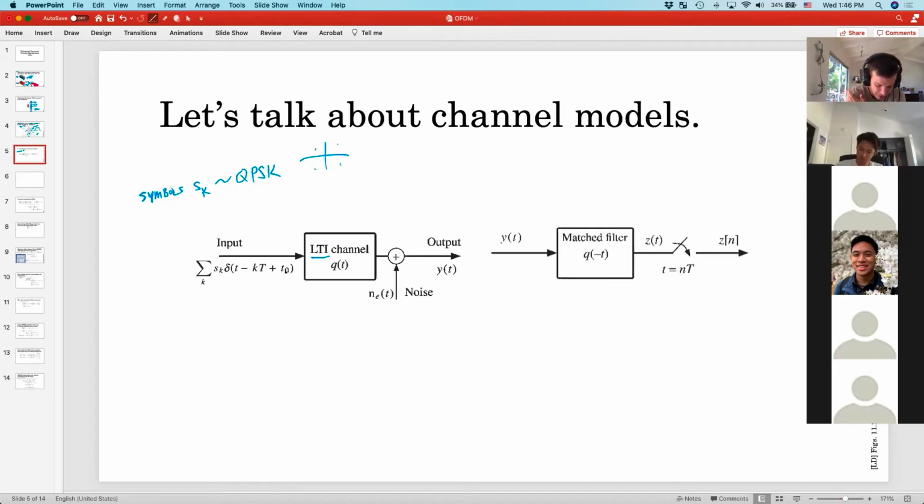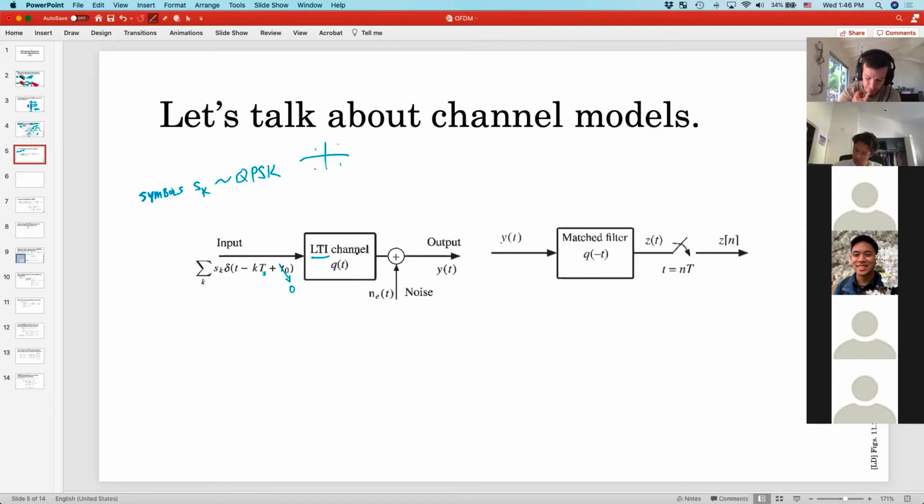And possibly there could be some time shift here, but I think we don't lose anything by assuming that's 0. And so what we've got here is different complex numbers, s_k, modulating deltas that are shifted by integer multiples of the symbol period, t sub s. All right, so this is then what is sent to the channel.